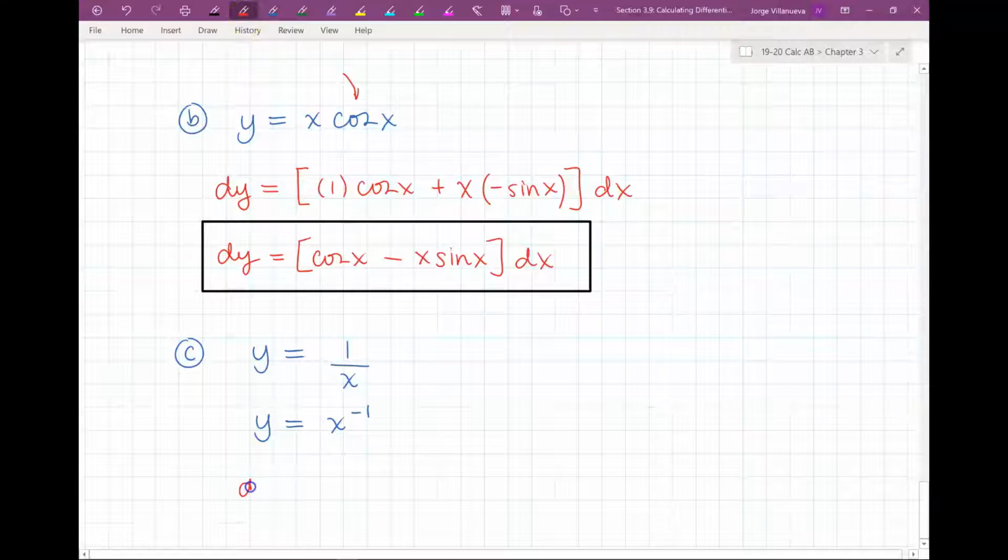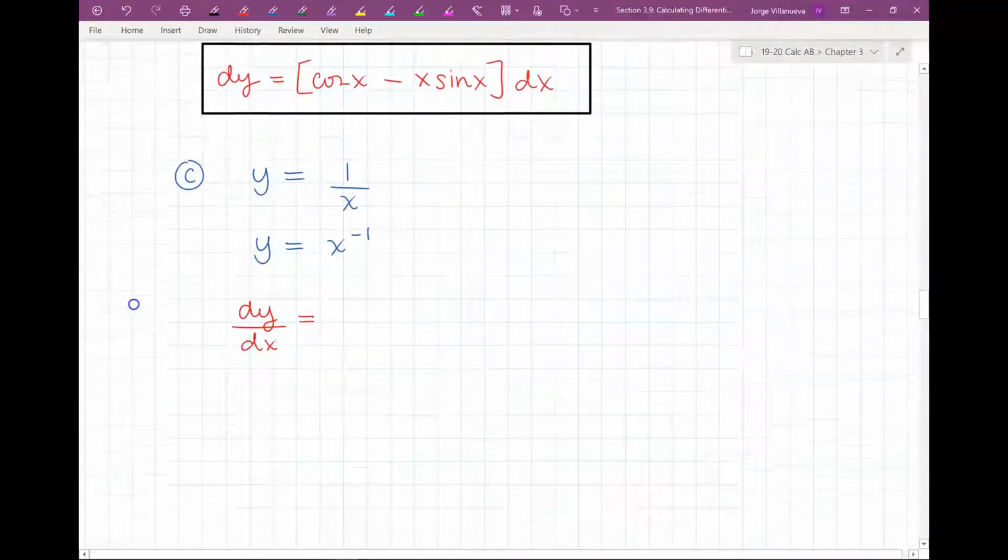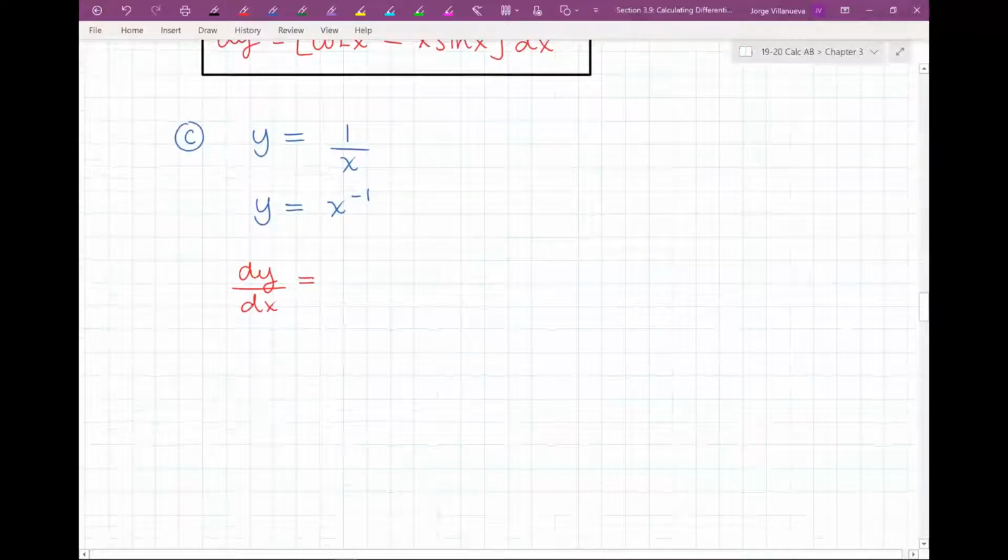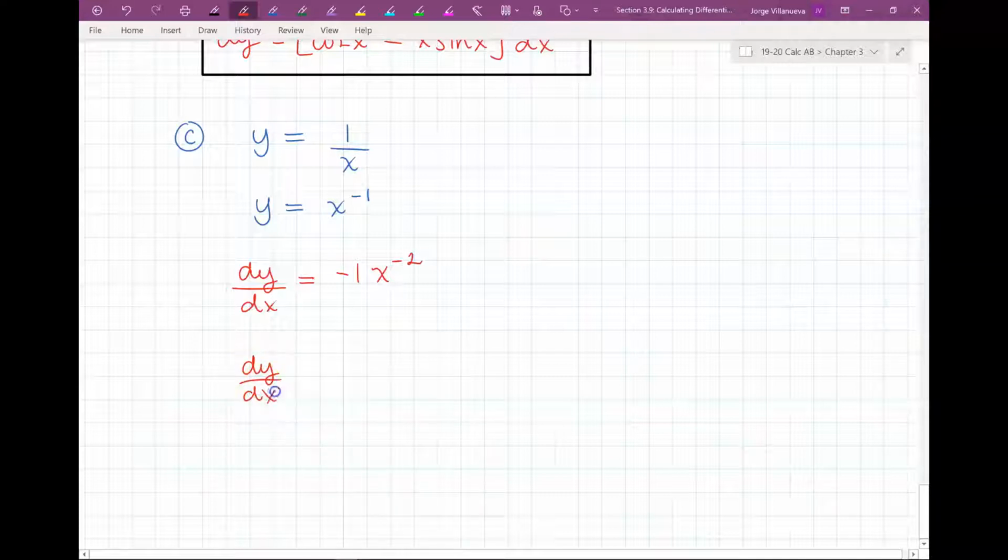So look, dy/dx. Notice I'm not doing the differential method, but I'm just going to do a basic derivative, and then after I do that derivative, I'm going to move the dx over. So the derivative of x to the negative 2 is negative 2 x to the negative 3. So dy/dx is equal to negative 2 over x cubed.